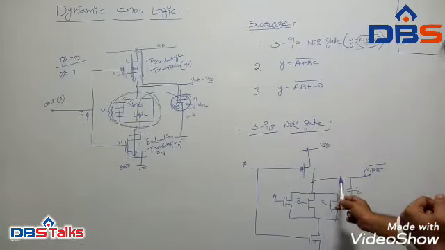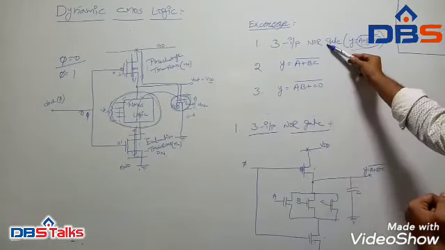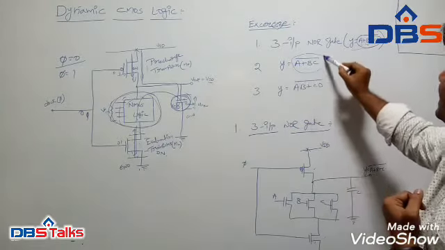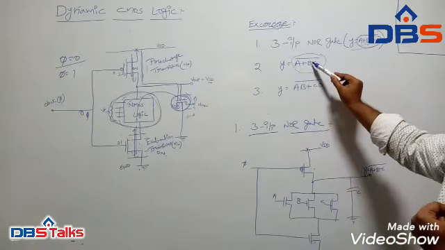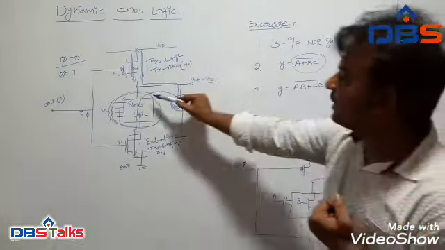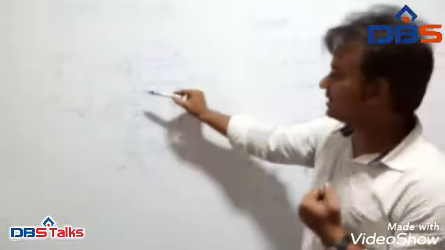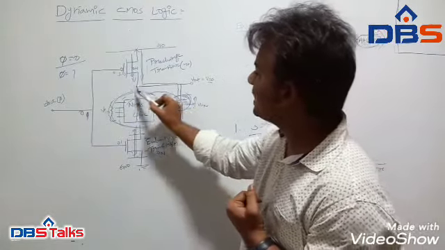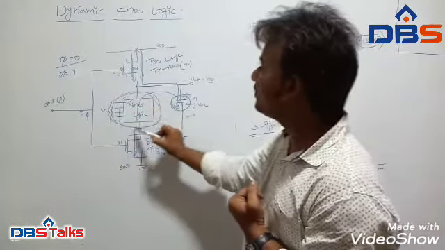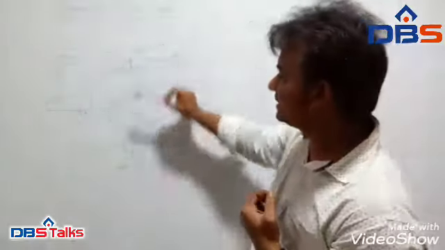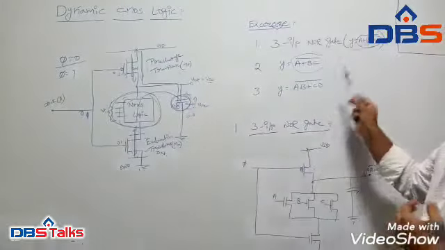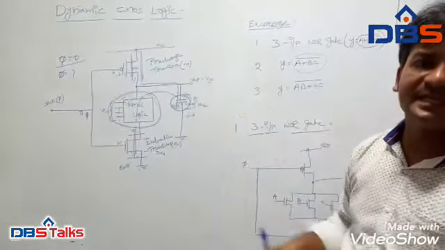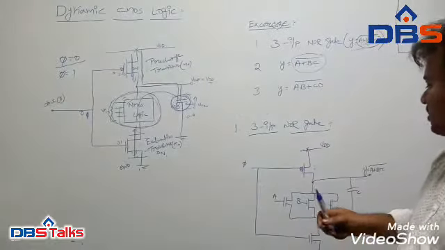The difference is that whatever the variables present will be implemented in this design by using only the NMOS logic. That means wherever the NMOS logic is present, here we have to modify the circuit, and the remaining things are the same for any design we have to design under dynamic CMOS logic.